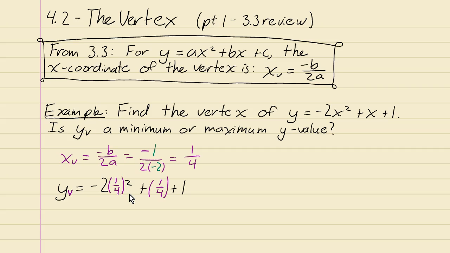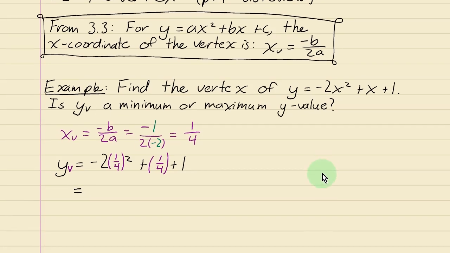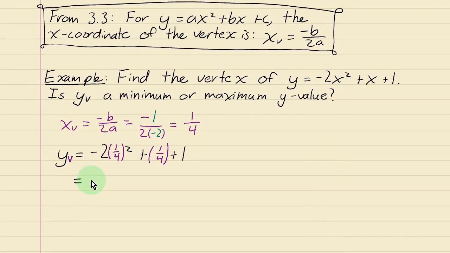So we can write that part as negative 2 times 1 over 16. And then the 1/4 is just 1 fourth, and then the 1 is just 1. So that's that. Negative 2 divided by 16, you can reduce that to write that as negative 1/8.